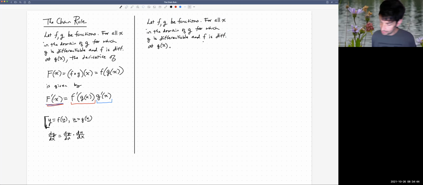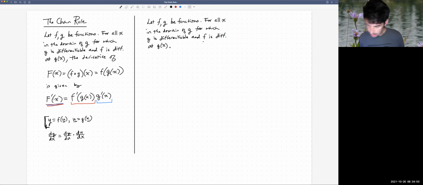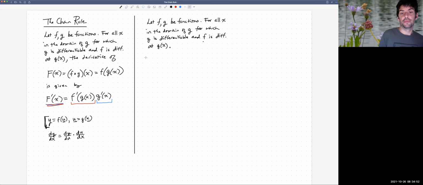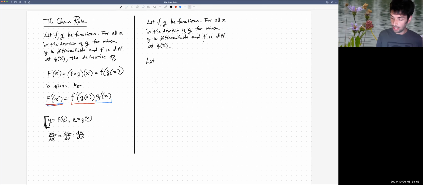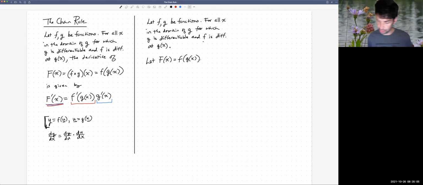So let's define capital F of x equal f of g of x, defining our composition function.